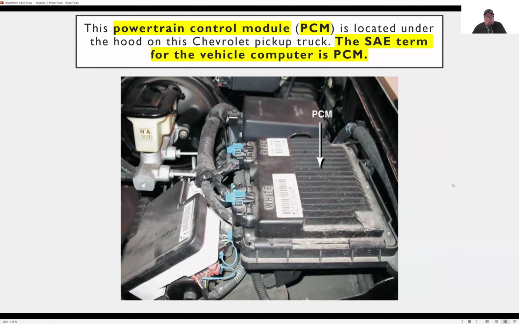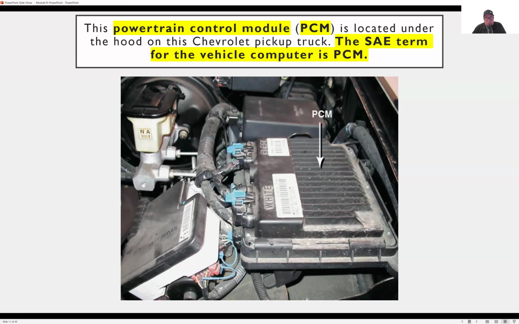This is just a little bit of terminology. The acronym PCM stands for Powertrain Control Module. That's an SAE term, Society of Automotive Engineers, that is used to identify the engine control module and transmission control module in one unit.